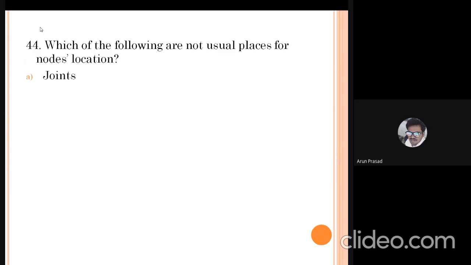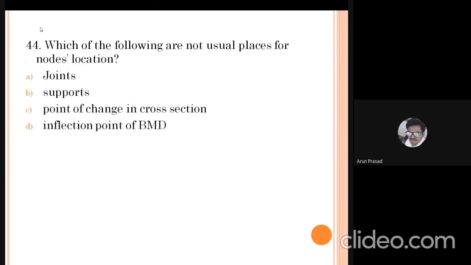Joints, supports, point of change in the cross section, or inflection point of bending moment diagram. So read the question again. Which of the following are not usual places for the nodes locations?